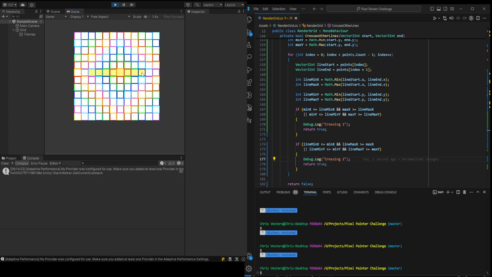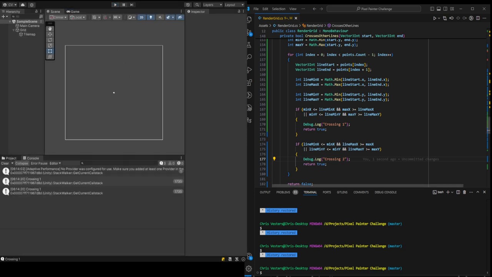So I draw from here to here, crossing one. So I can't draw here because it's crossing one. Okay, and that's because of my smaller than or equals, I assume? Why is that the case?